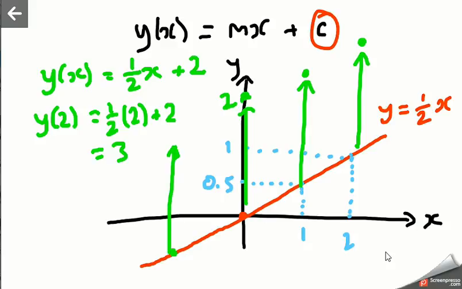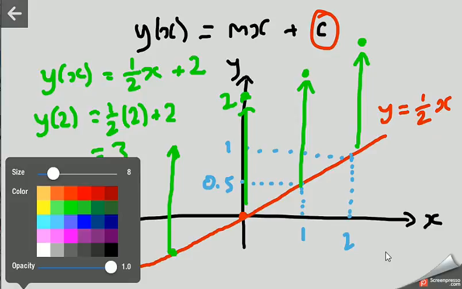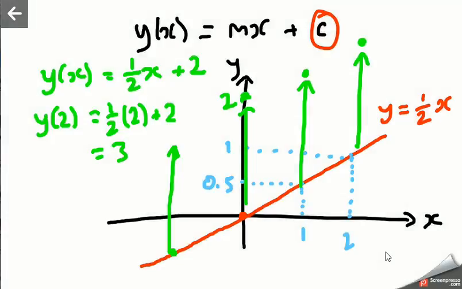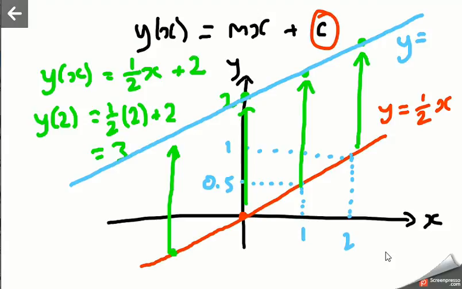And so our line, which I'll draw in a different color to avoid confusion, looks like this. This is y equals 1/2 x plus 2.